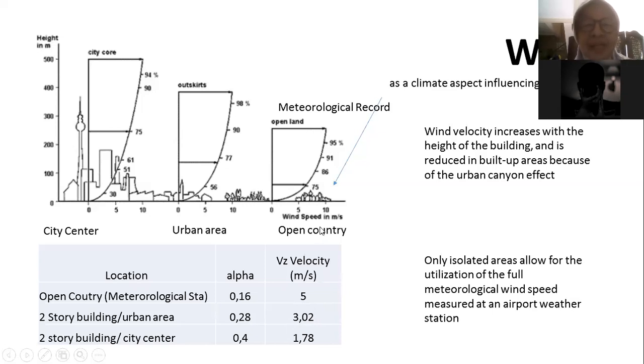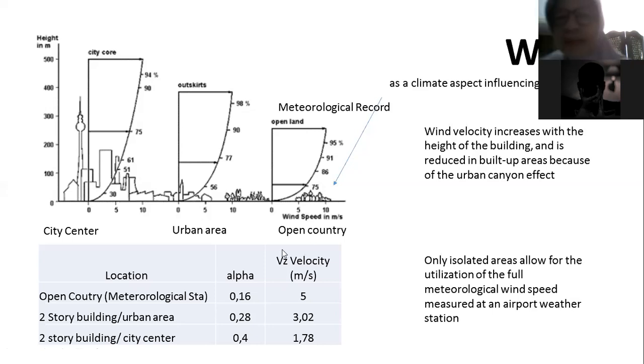Then you cannot rely on it. If you design in the city center, you have to predict or measure the real condition of wind speed in the microclimate, the local climate.